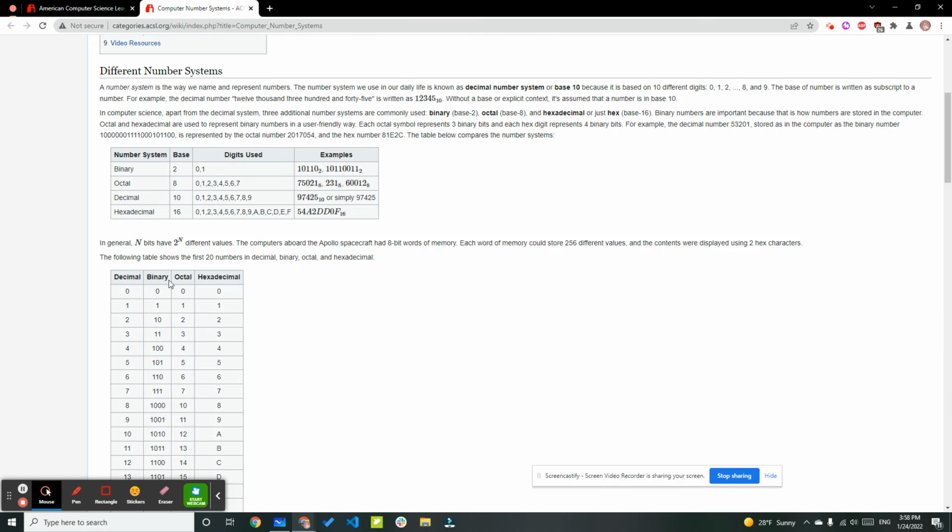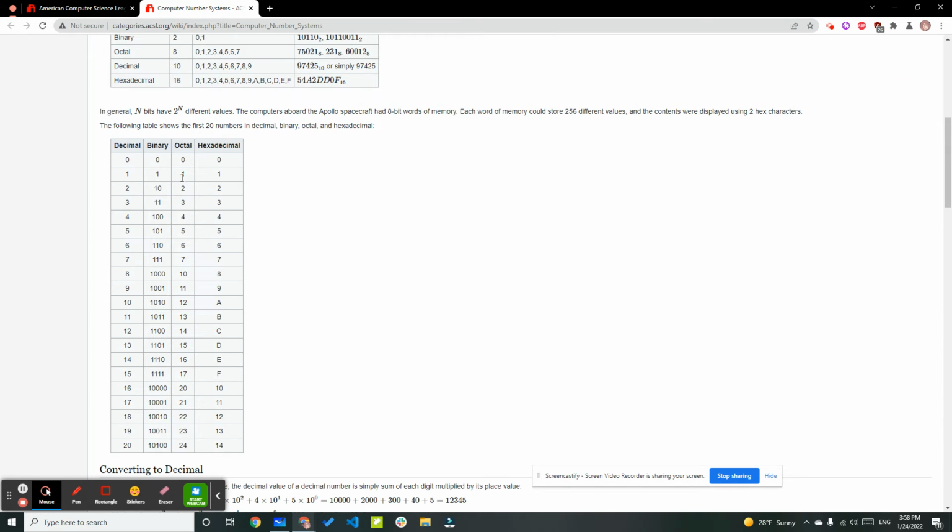If you see on the graph, it's 0, 1, 2, 3, 4 until 7, everything's fine, and then it goes to 10 because it skips 8 and 9. Then 11, 12, all the way to 17, and then you skip 18 and 19, and you just continue that pattern.